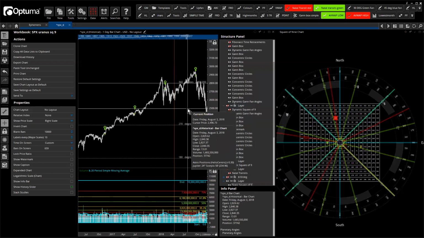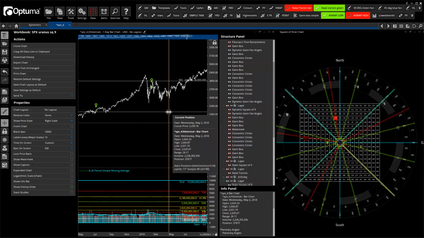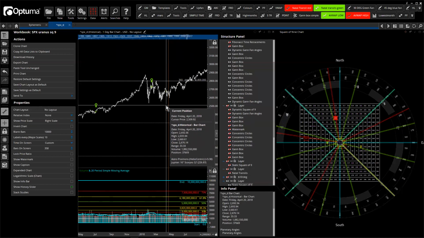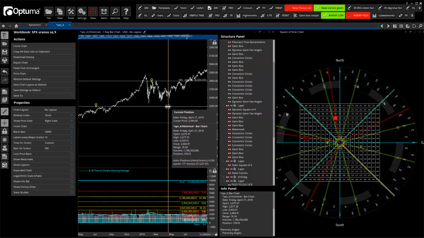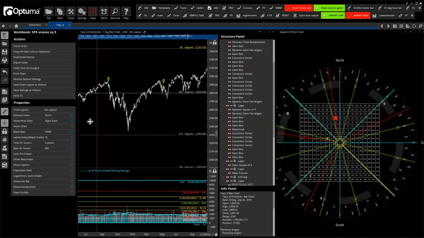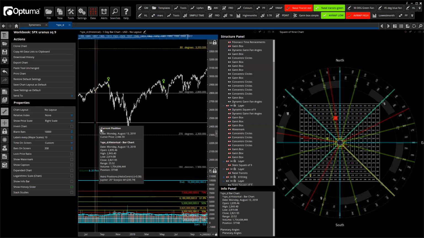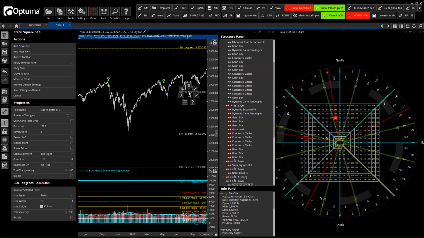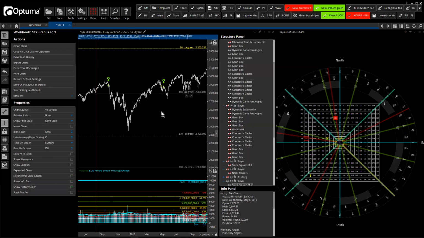Look at that. We're way up here. Where's the price? 2,800. We're moving up sort of slowly with the actual position of Uranus after it crossed 360 degrees of this larger structure of $100 per degree.